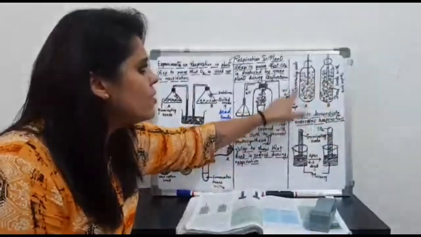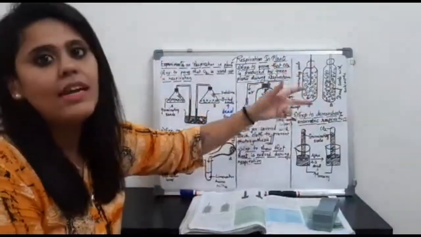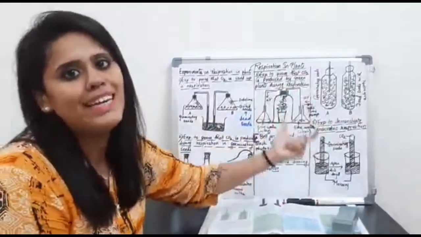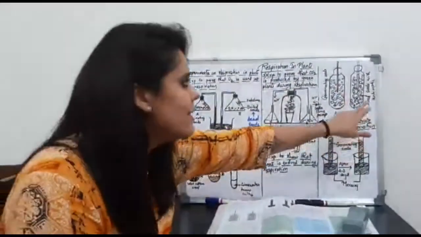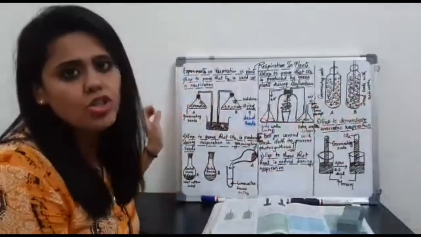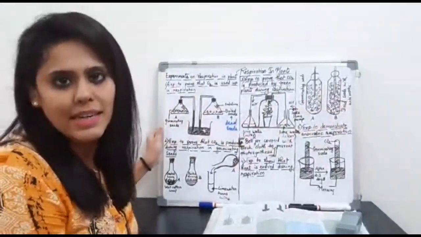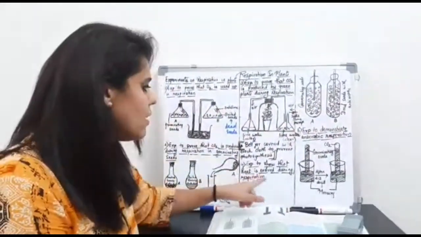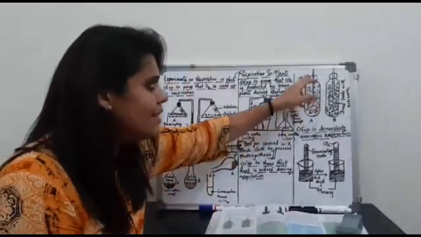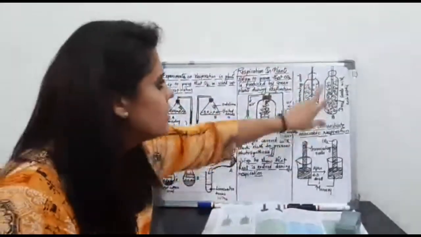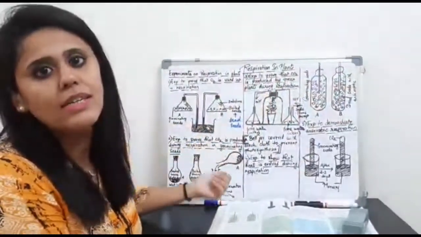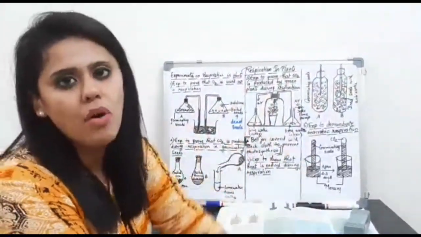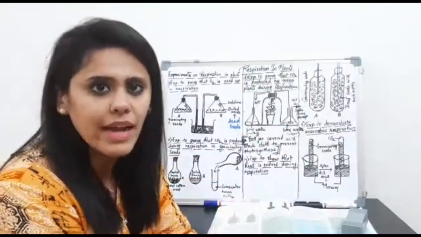That is obvious because flask A has live, germinating seeds. In flask B, since you have boiled the seeds, they are dead seeds and they will not show any rise in temperature. So the rise in temperature in your thermometer clearly indicates that heat is being evolved in the experiment, right?